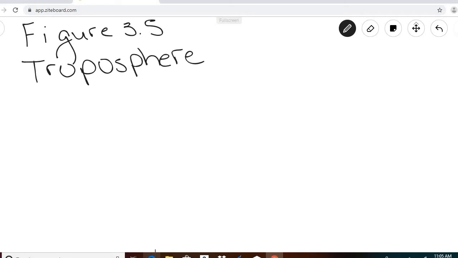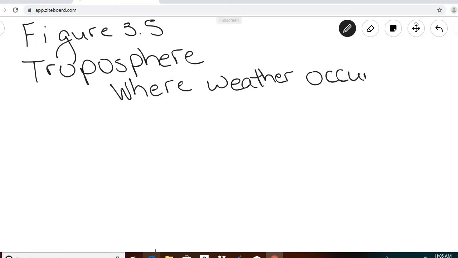And the big idea about the troposphere is that this is where weather occurs. So this is where the clouds are, the rain, snow, lightning, etc. All of that happens in the troposphere.